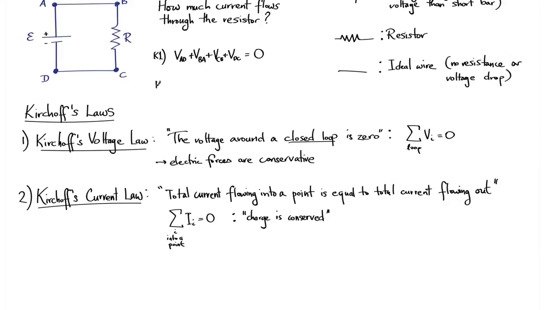Kirchhoff's current law, for this particular problem, is actually going to be quite simple to employ, because there are no points here where the current branches off and could go in more than one direction.